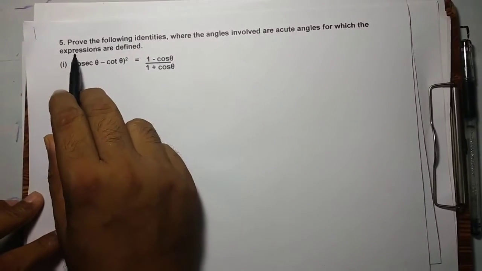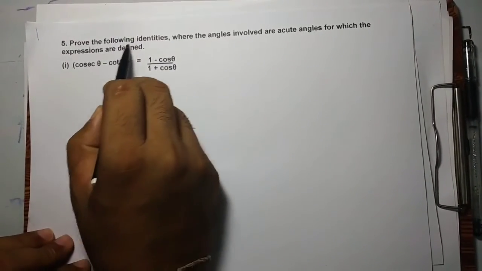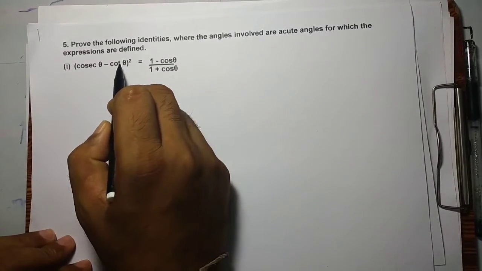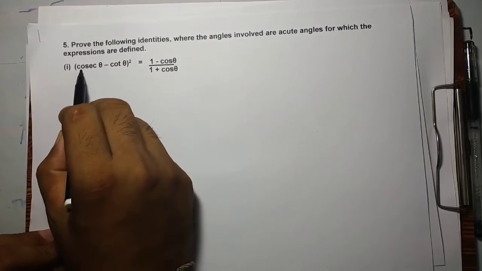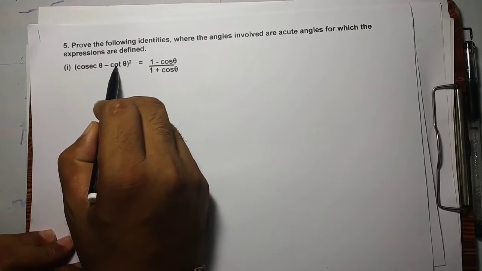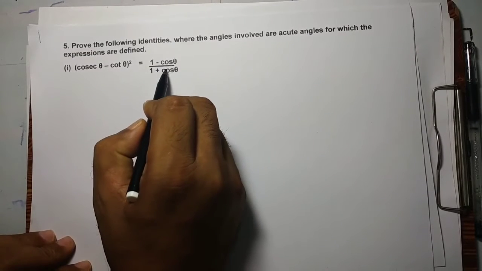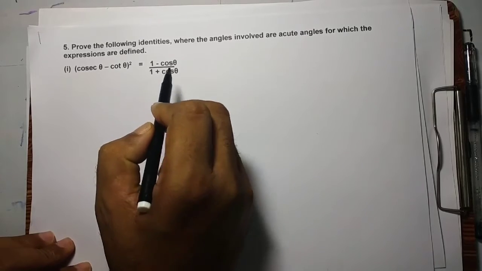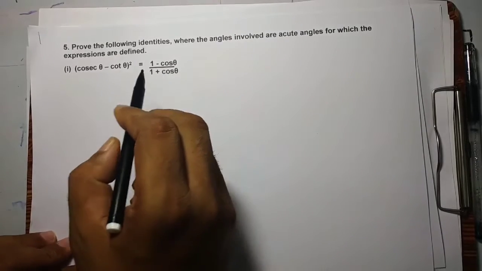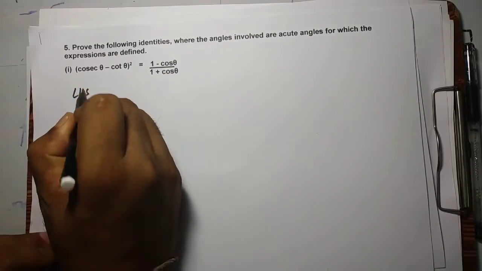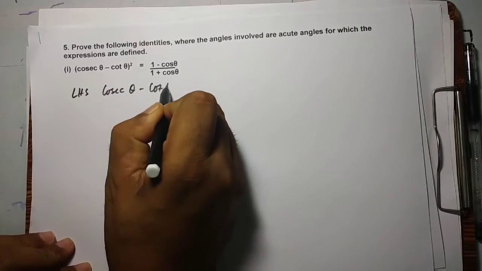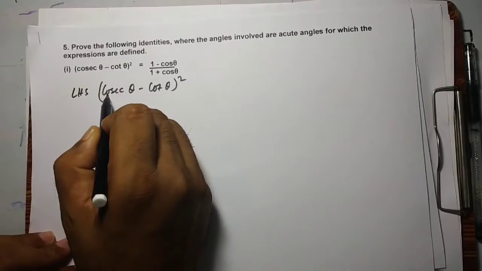So student, the next question is prove the following identities where the angles involved are acute angles for which the expression is defined. So the first question is cosec theta minus cot theta whole square equal to 1 minus cos theta upon 1 plus cos theta. Okay. So from this LHS we can write cosec theta minus cot theta whole square.